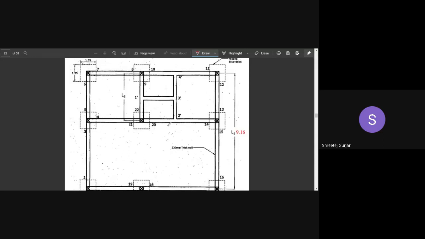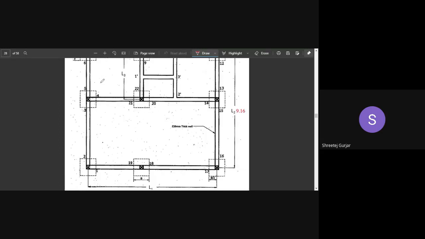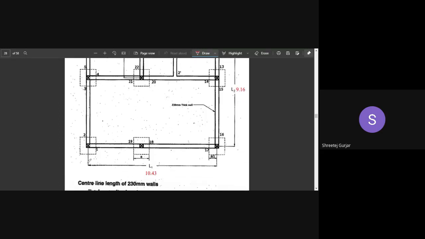You can see these are your beams, and then you have 9 columns. This is considered to be L1, center to center from this level to this level. We will consider it as L1, and that distance we will calculate soon.